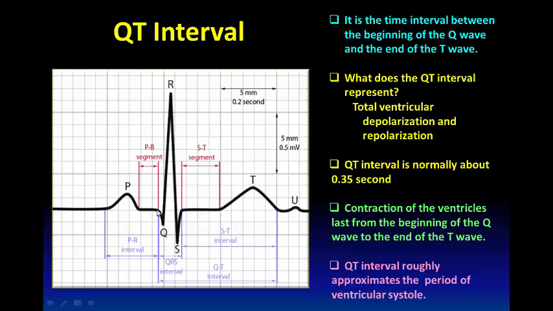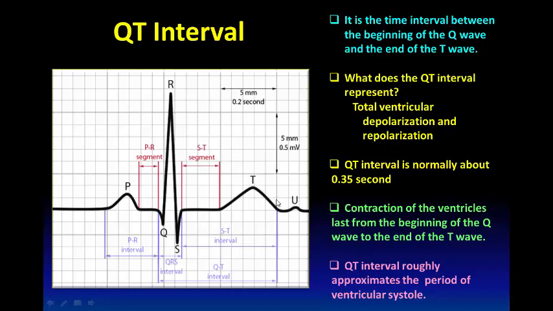When the ventricles are depolarized, they are excited and they begin to contract, and their contraction lasts also during repolarization.